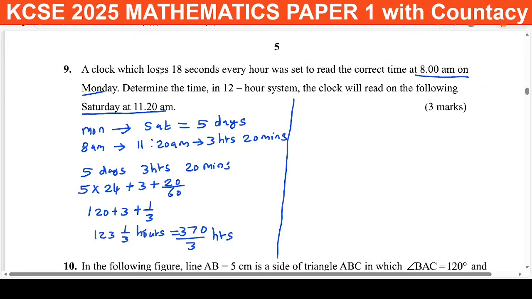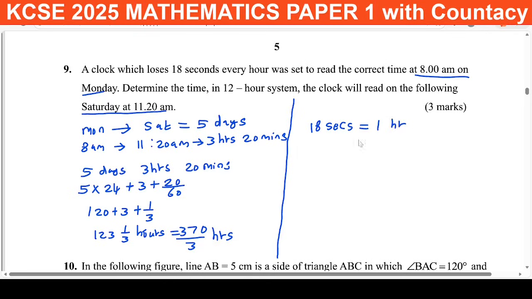Let's get back to the question and see what it is telling us. We are told that the clock is losing 18 seconds every hour. It's important that you be very careful on this part. So the 18 seconds are being lost on each and every hour, so that is 1 hour.